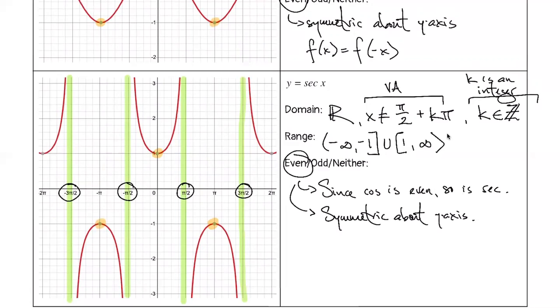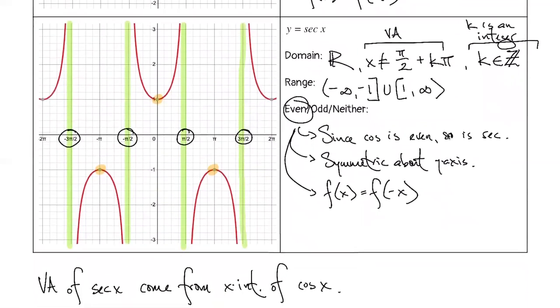Meaning if I fold the graph over the y-axis, the two halves will match, right? And a third way I can say even is that f of x equals f of negative x, right? So all three of those are ways we can show that secant is even.